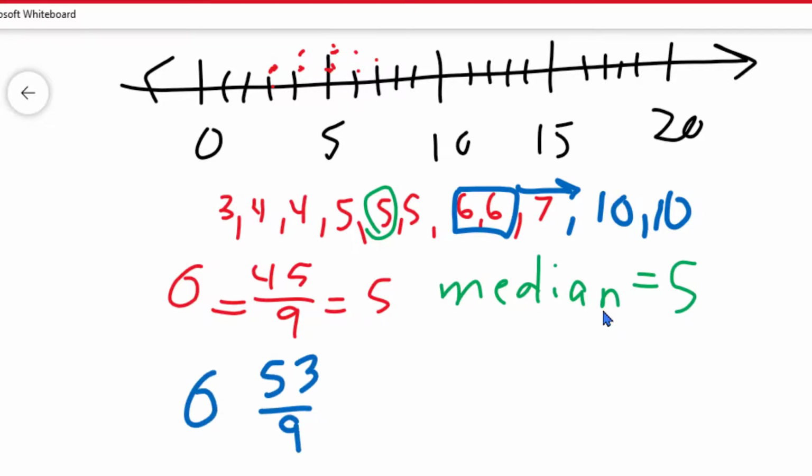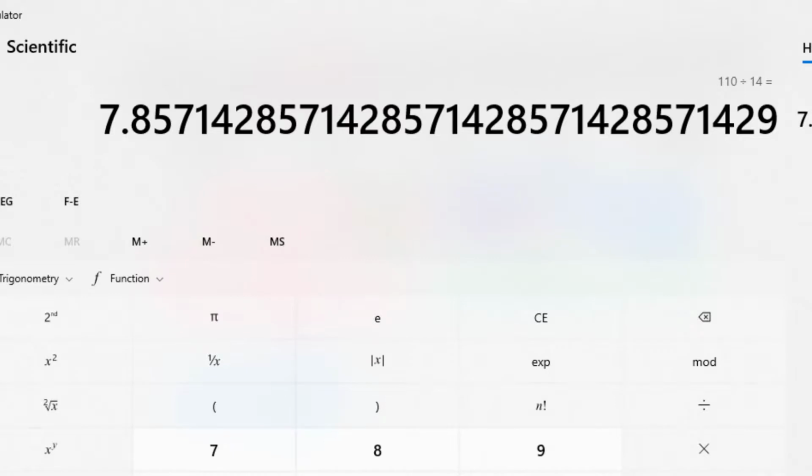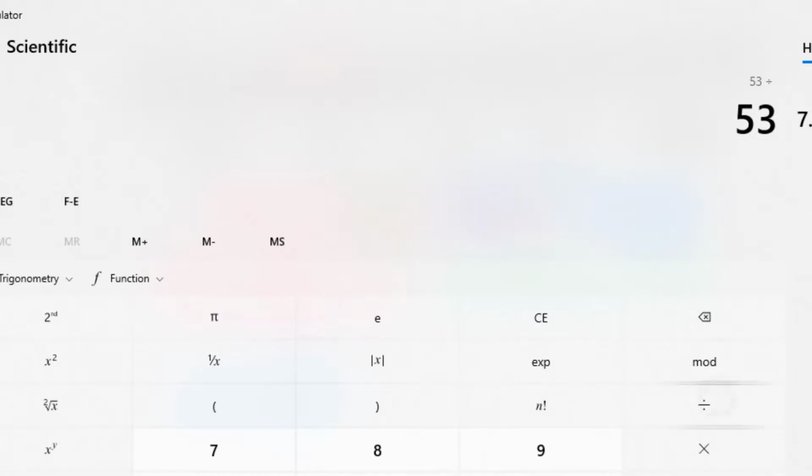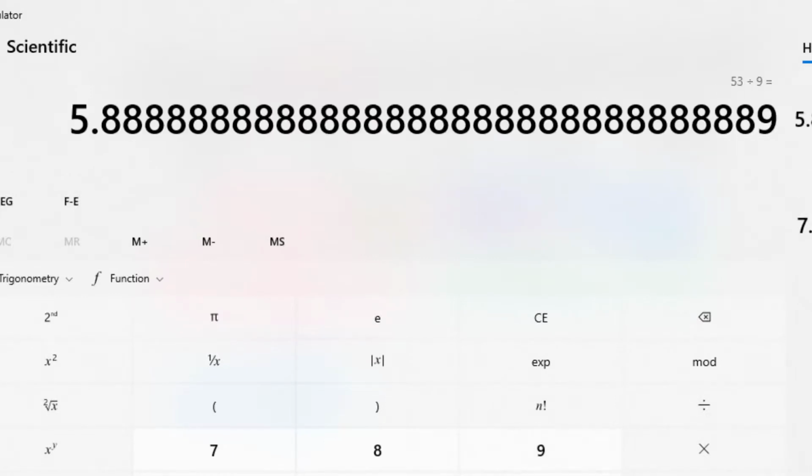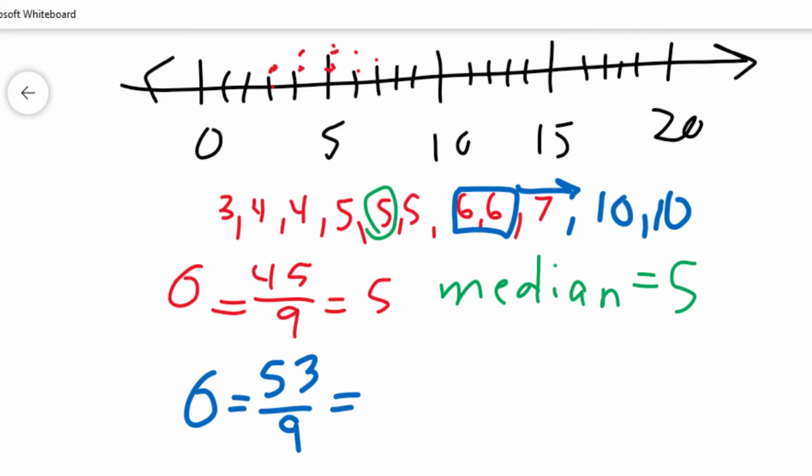And my new average would be 53 divided by 9. Maybe I'll use a calculator. 53 divided by 9 equals 5.9.